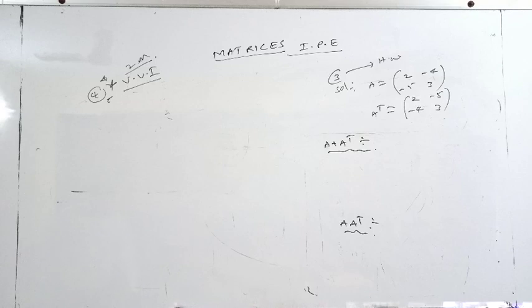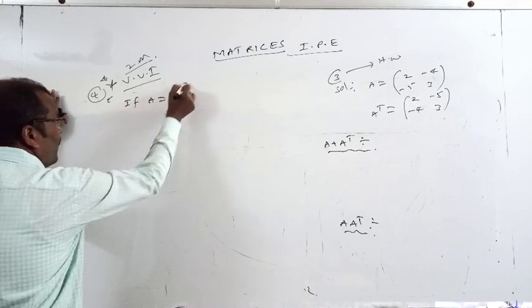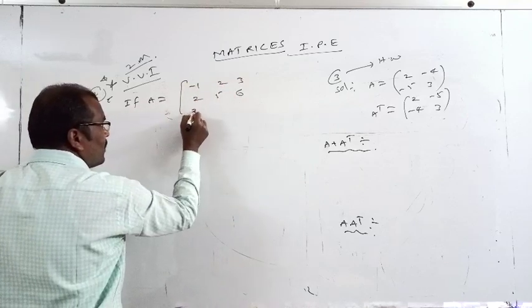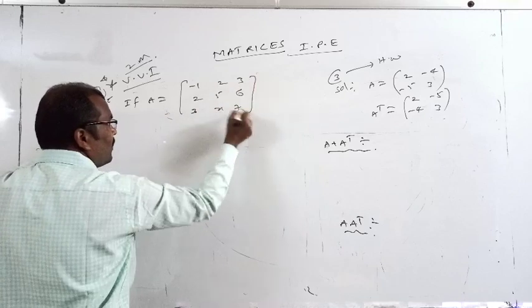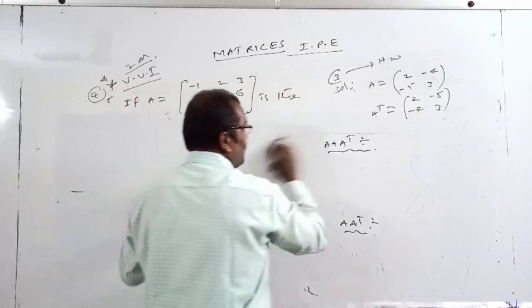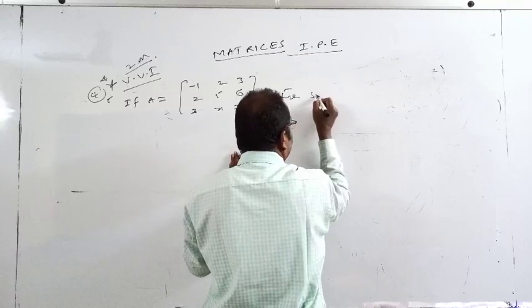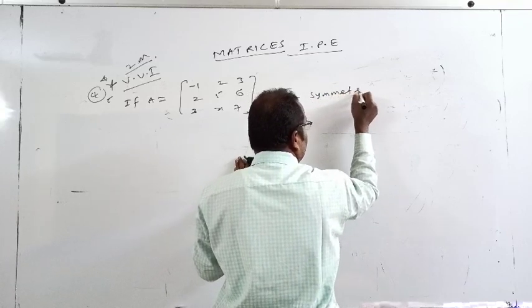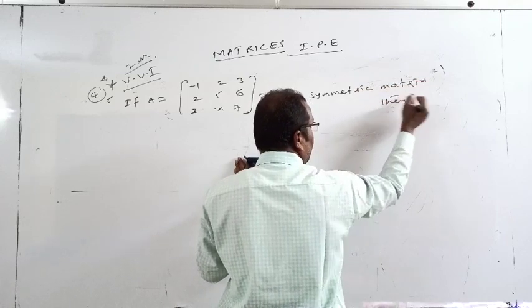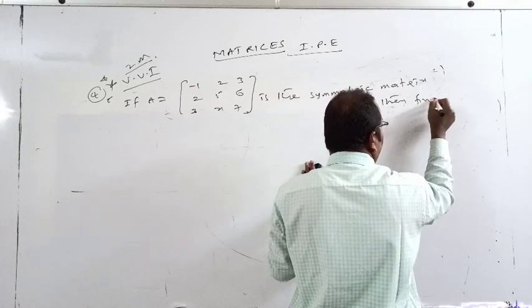If capital A is equal to [-1, 2, 3; 2, 5, 6; 3, x, 7], it is a very easy problem. A is the symmetric matrix. Then find the value of x.